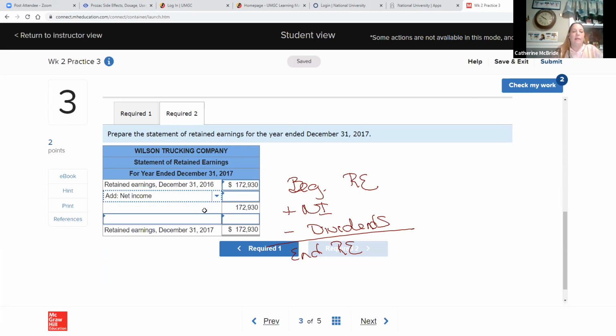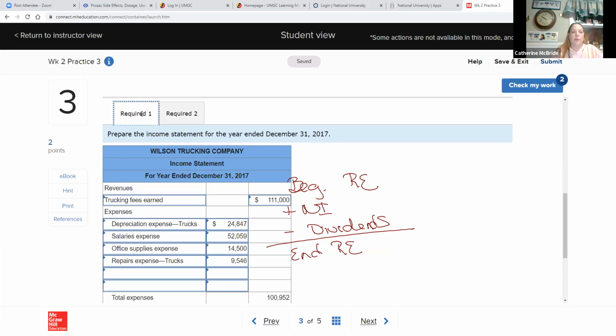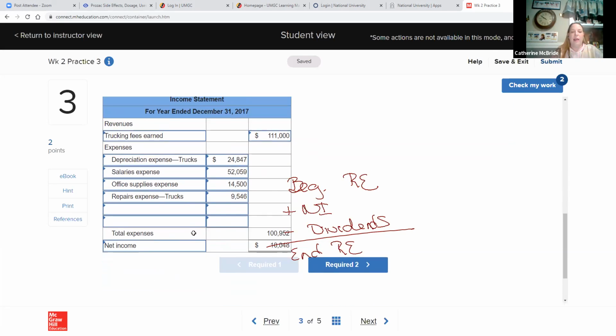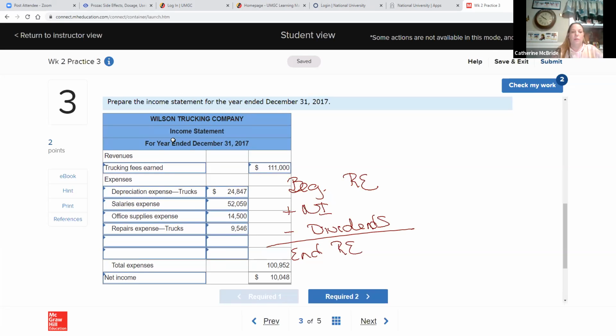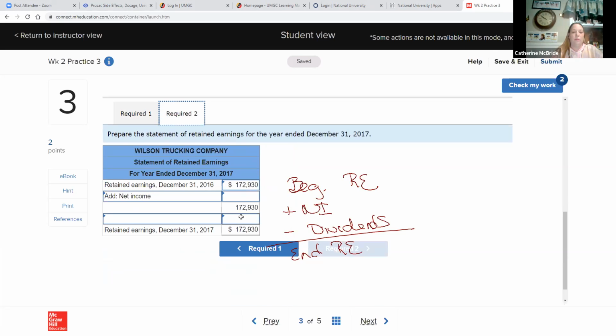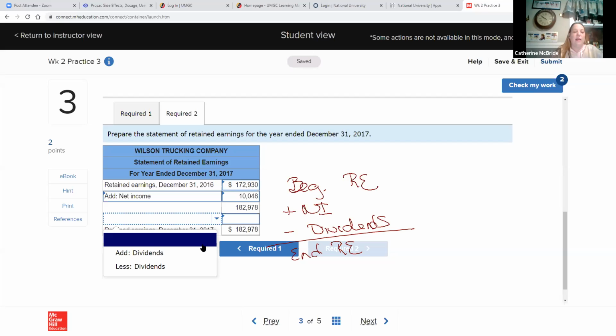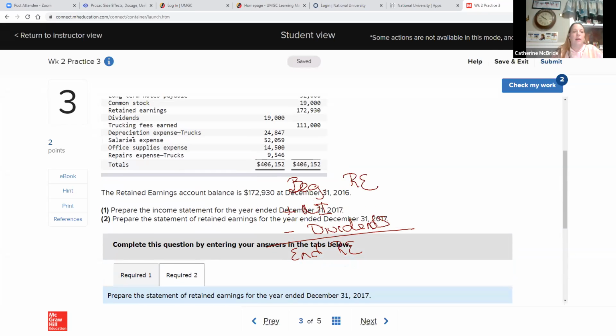Then I'm going to add net income. So the net income was $10,048. I'm going to subtract dividends. Dividends were $19,000.